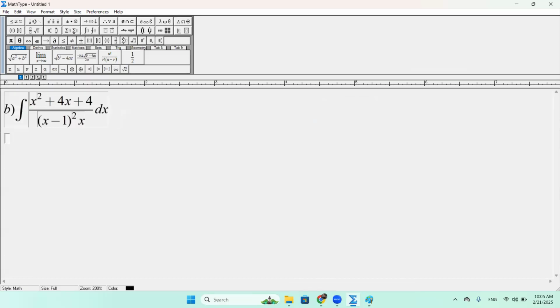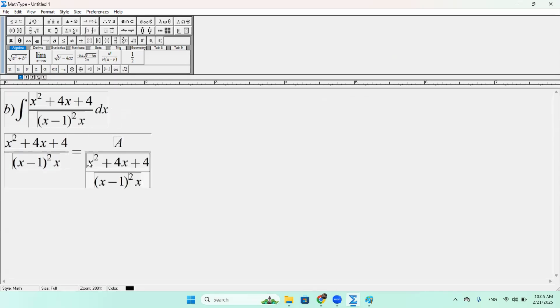So again, let's factorize the integrand, using the undetermined coefficients method. Here we see that x minus 1 is in power of 2. So such a fraction has complex multiplicity, and this is how it is handled.